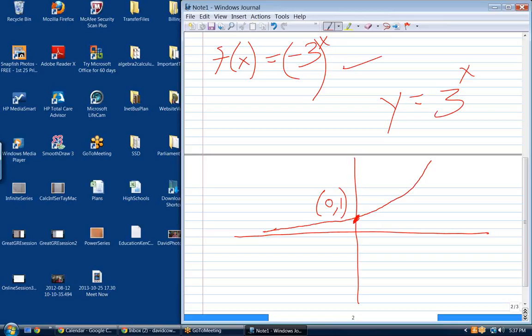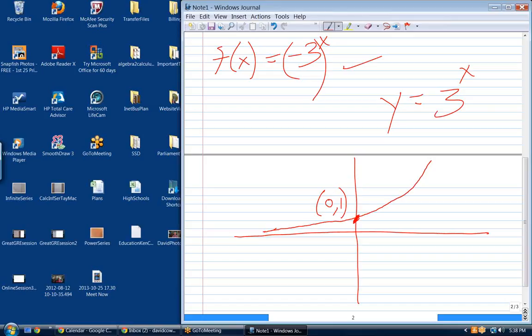It reflects it. I think it's a reflection on the x-axis. Or y. It's a flip on the y-axis. Actually not.